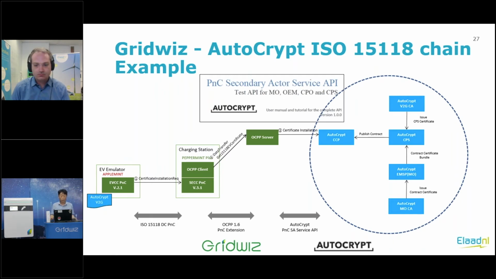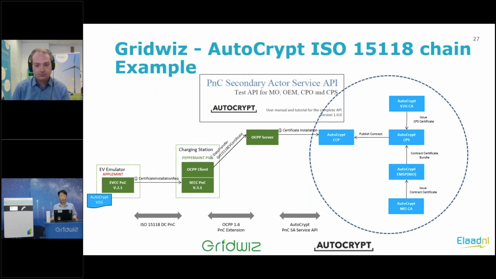I'm Kyoju from AutoCrypt. On the other hand, the certificate installation response message is prepared through a separate procedure. AutoCrypt EMSP issues a contract certificate using the MOCA, and it is passed to CPS.